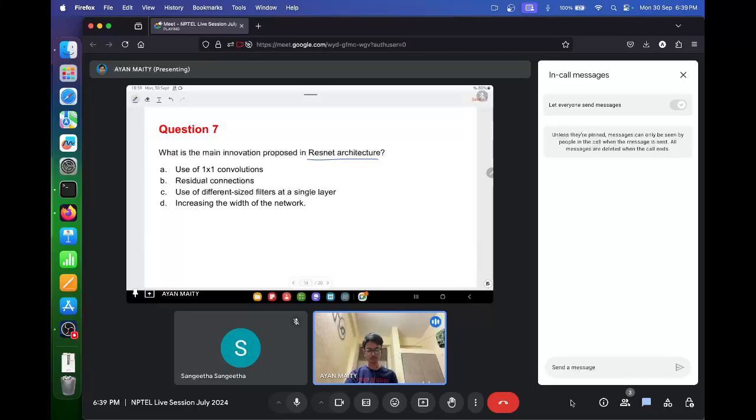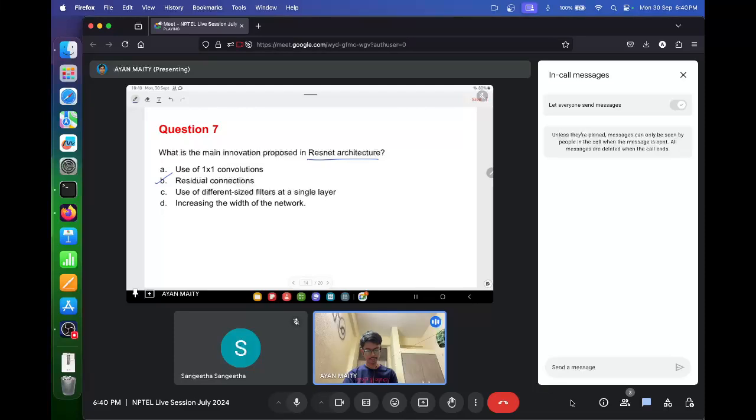There are 4 options: use of 1 by 1 convolutions, residual connections, use of different sized filters at a single layer, and option D is increasing the width of the network. So the correct answer is option B, residual connections.